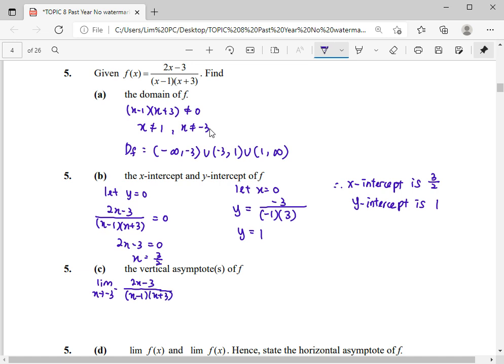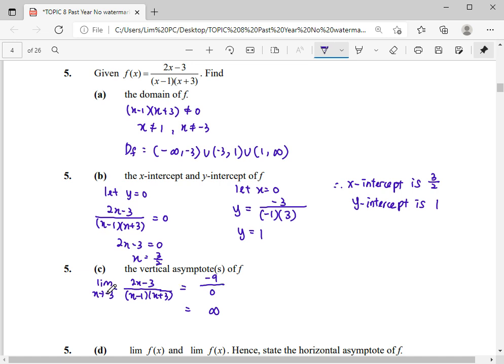You'll notice that when we substitute x equals negative 3 here, 2x minus 3 is negative 6 minus 3, which becomes negative 9. And when we substitute negative 3 into the denominator, it becomes 0. When it is over 0, it will give us infinity. One part we have to take note of here is whether this 0 approaches from the left-hand side or the right-hand side.